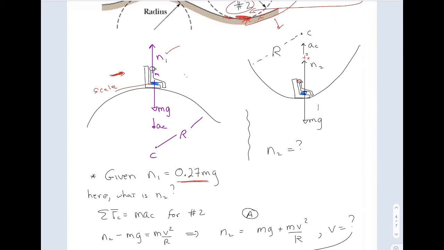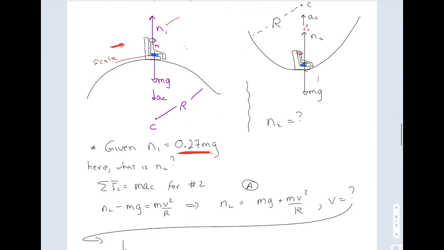So the normal force is 0.27 mg. You feel 0.27 of your weight. If the scale reads 27% of your weight at the top, what percent does it read at the bottom? So I want to find this N2.